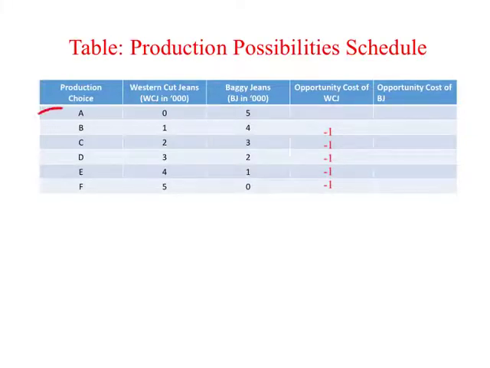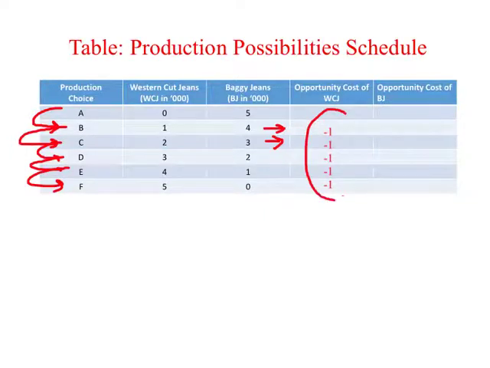I've already shown you what the opportunity cost is when the firm moves from A to B. When the firm is sitting at B and decides to move to a point like C, we calculated that too, and so on. This way you can do the rest of the calculations, and what you'll find is that the opportunity cost of Western cut jeans is -1 throughout.